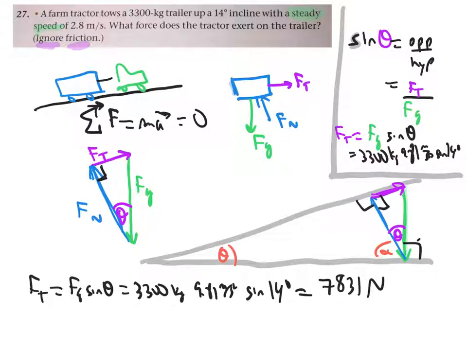But we really only have, at best, 2 sig figs, so we should probably call this just 7,800 newtons. Notice something kind of weird: the actual speed never comes into the problem. The fact that it's 2.9 meters per second is irrelevant. The only thing that's relevant is that it is steady. It could be going 10 times as fast and it would still exert the same force.